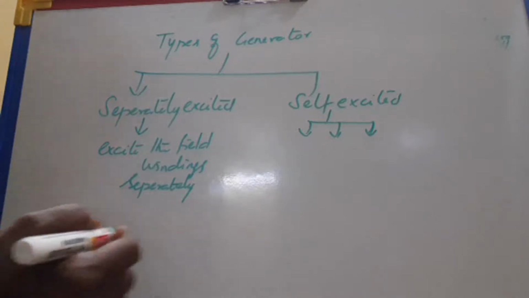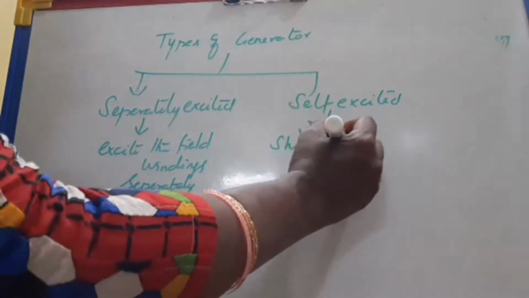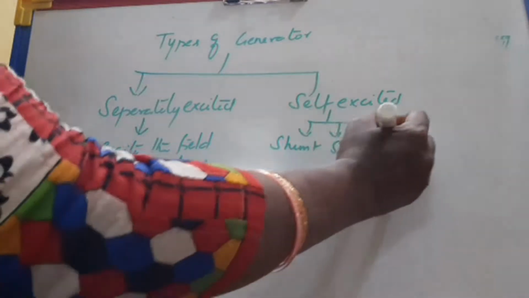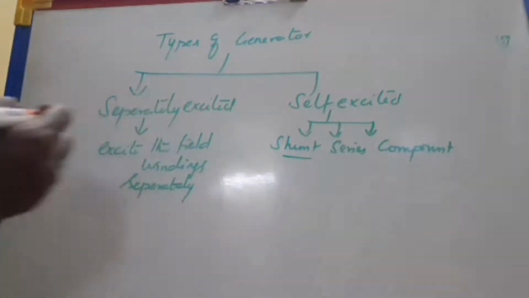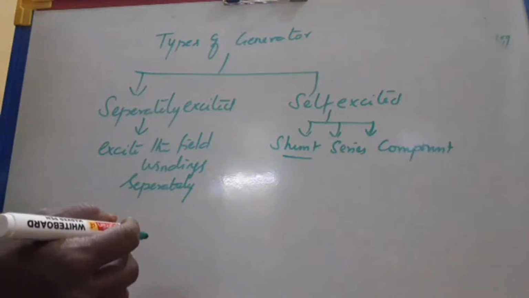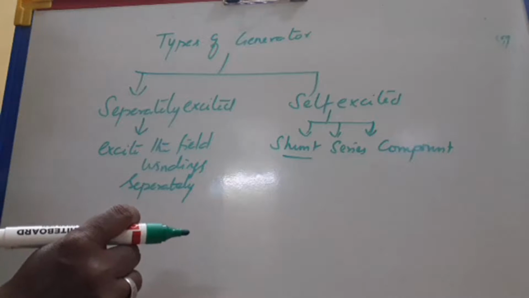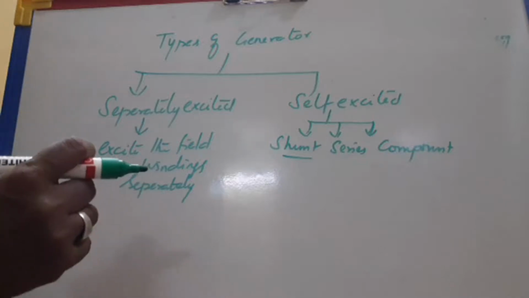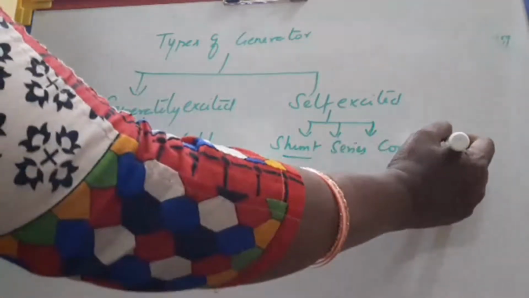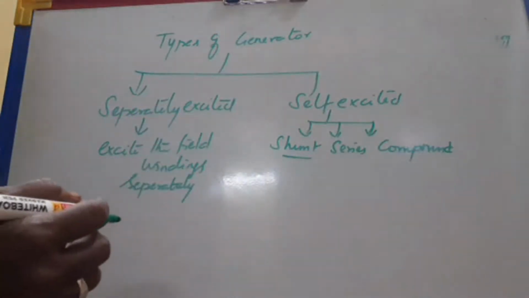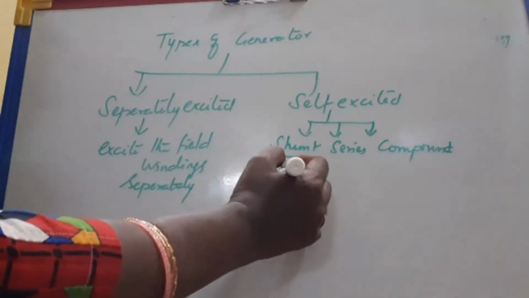In the case of self-excited, again the types are shunt excited generator, series excited generator, and compound excited generator. Shunt excited means the field windings are excited within itself, and are connected in parallel to the armature winding. Series excited means the series field winding and armature winding are in series. In compound winding, the field windings are connected in parallel with both the armature winding and series field winding.